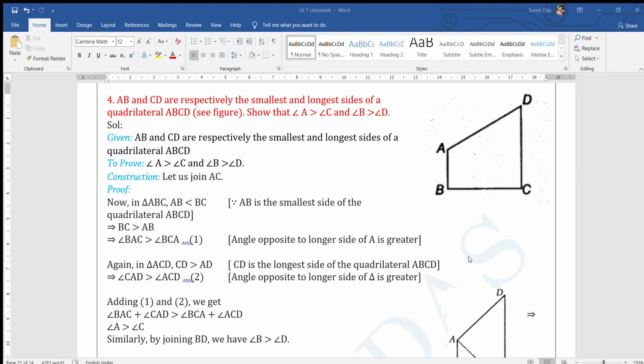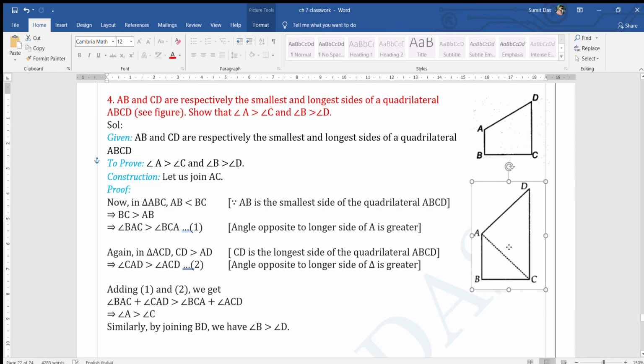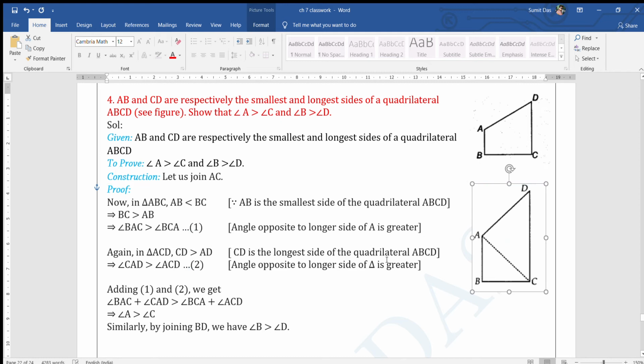Now I have already joined this one. The given part you can understand by yourself. In the construction, join AC. You can see A and C, this diagonal, we join.